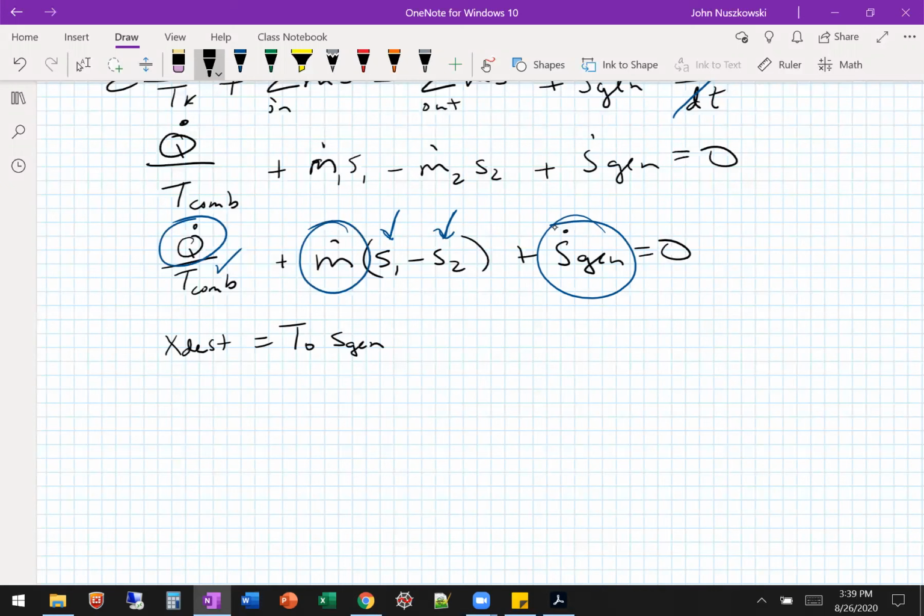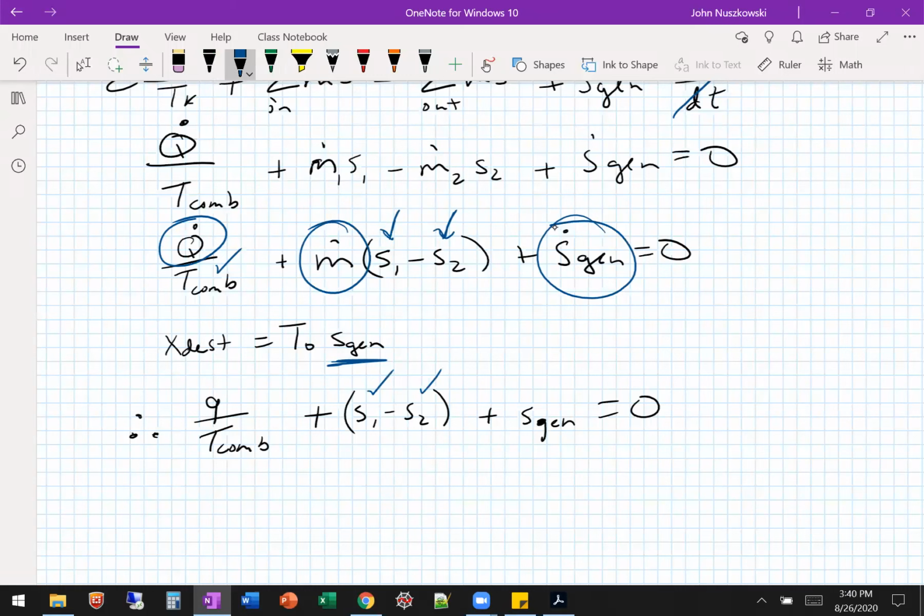It doesn't have a dot on that s gen, right? So what can we do to this equation to get to this version of s gen? You could divide out the mass flow rate across everything. So that would get us little q over T combustion, S1 minus S2, and then that gets us lowercase s gen, okay?